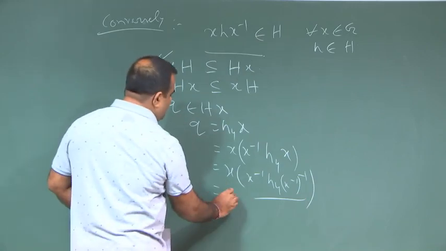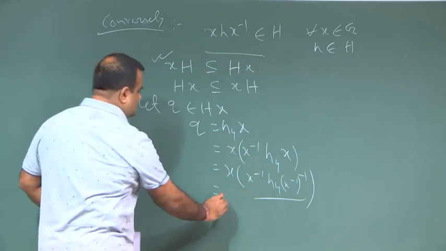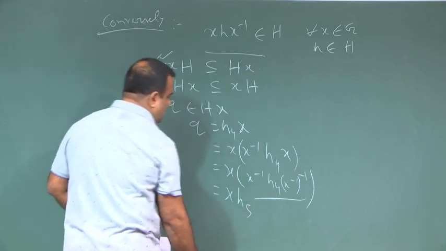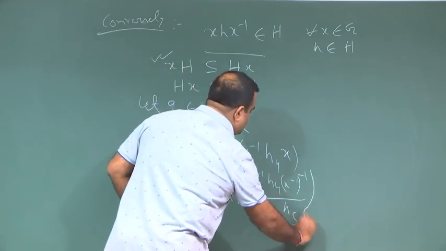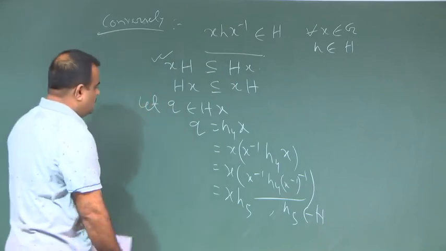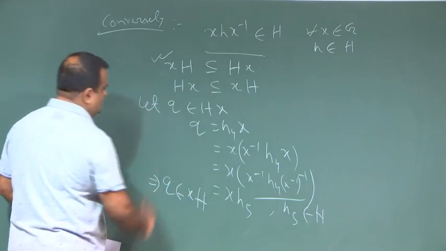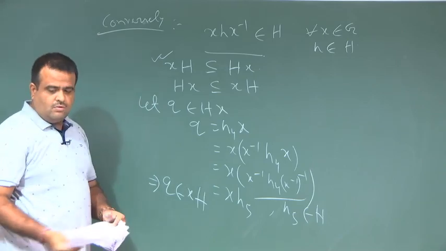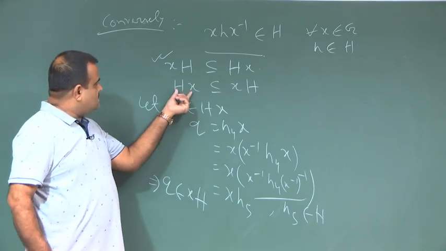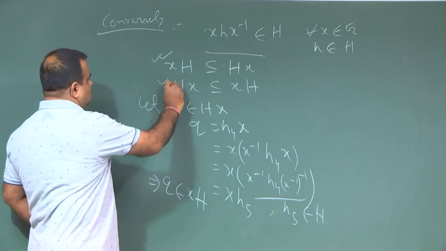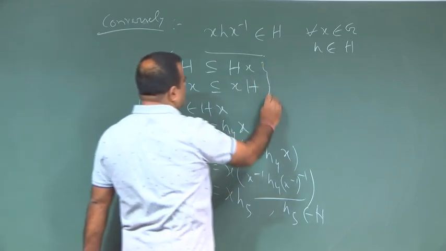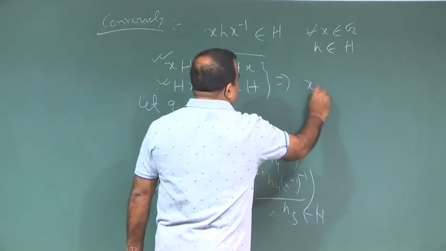So this is a member of H, say h5, where h5 is from H. So this implies q belongs to xH. So if you take a q which is in this set, q is in this set. So this is the second part.